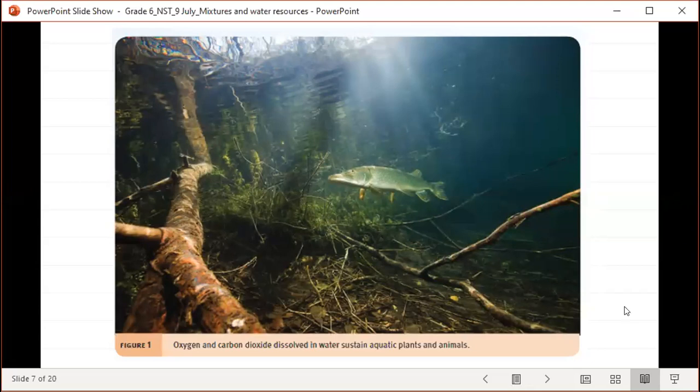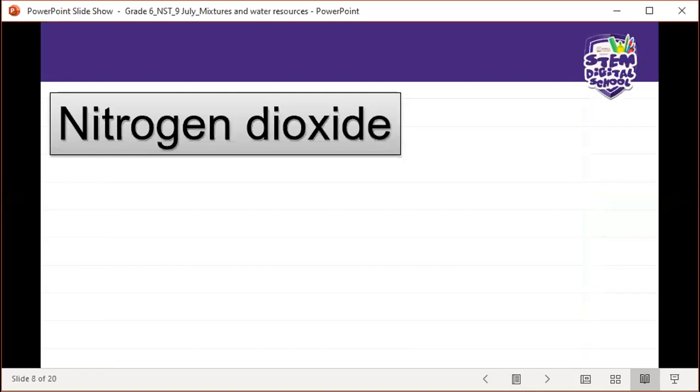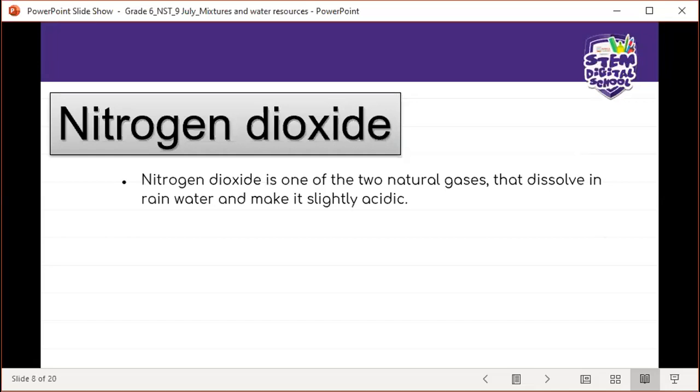Okay. Another natural substance, guys, that can dissolve in water is what we call nitrogen dioxide. Okay, so this is nitrogen dioxide. So nitrogen dioxide, it is one of two of the natural gases that dissolve in rainwater. So the other natural gas is carbon dioxide.